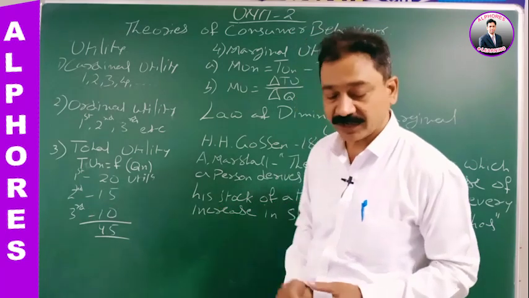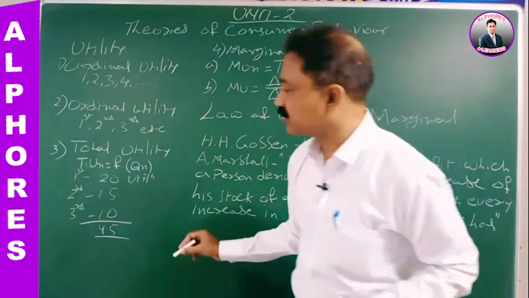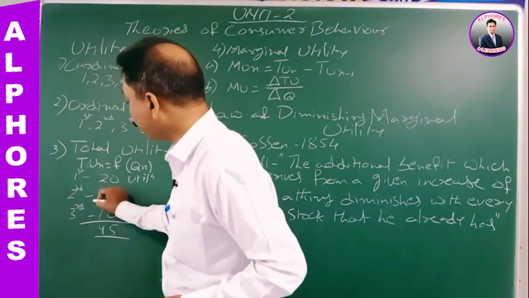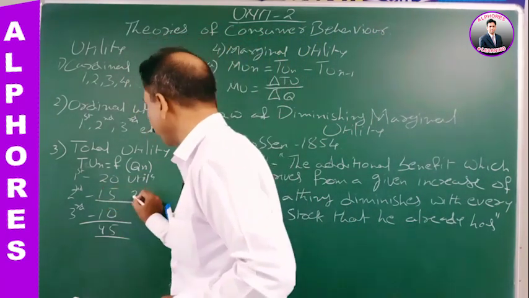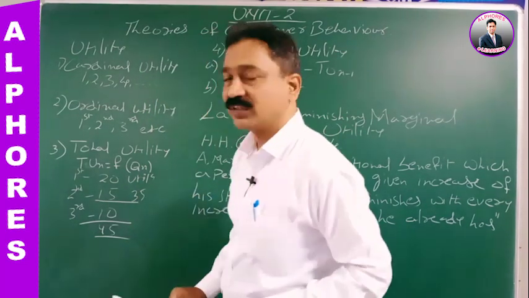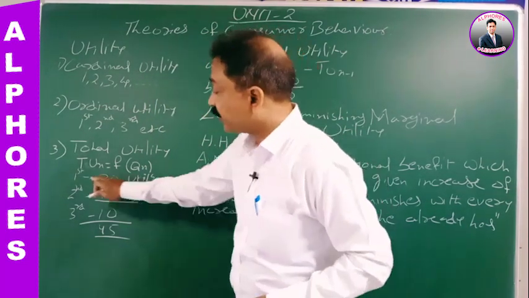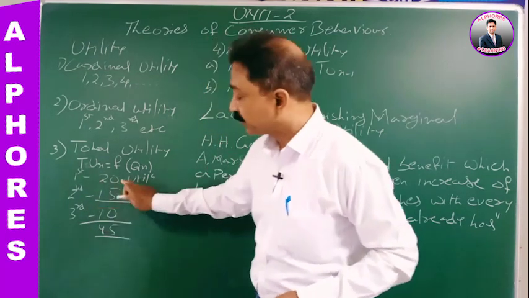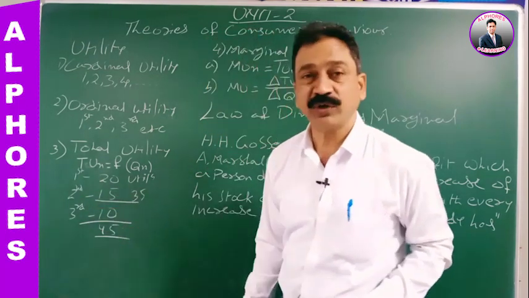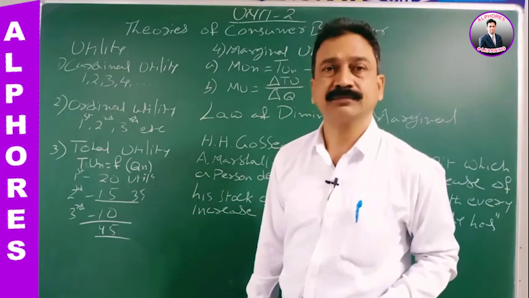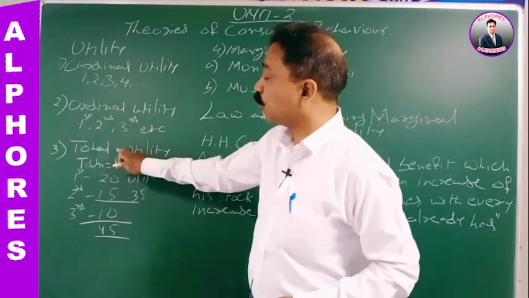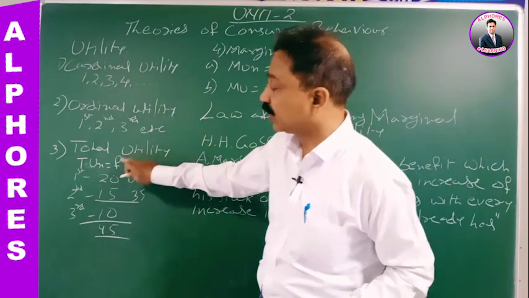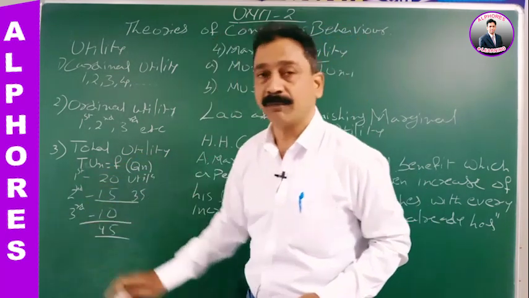You can see exactly. Now here you can understand very easily. If you have only 1 commodity, 20 utils. If you have 2 commodities, it is going to be 35 utils. If you have 3 commodities, put together, you will get the satisfaction of 45 utils. Yes or no? So total utility, meaning total satisfaction, depends upon the quantity of the commodity.